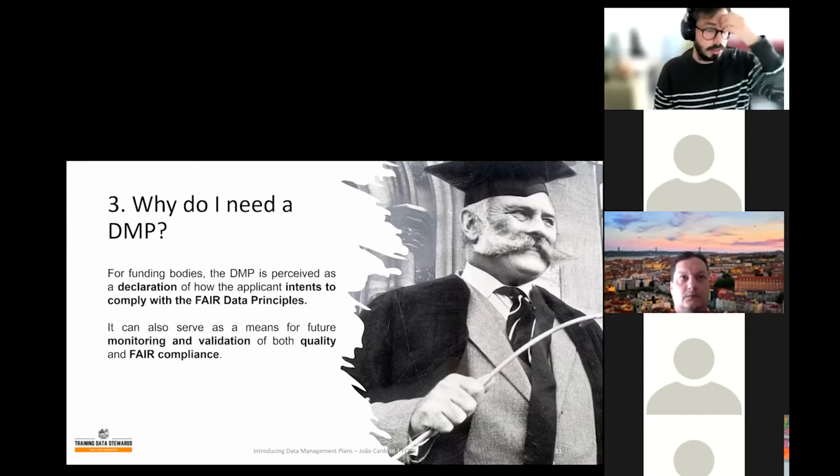And obviously, for funding bodies, the whole point here is to realize how you are complying with the FAIR data principles. And this will lead inevitably to monitorization and validation of the quality of your document and its FAIR data compliance. So this is not something that is happening right now, but this is where things will go in the near future.